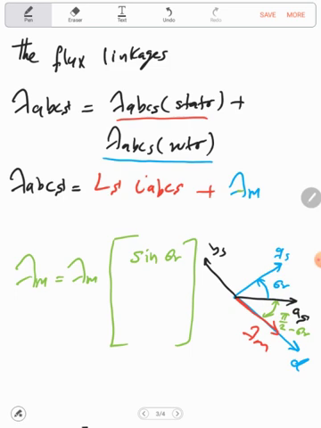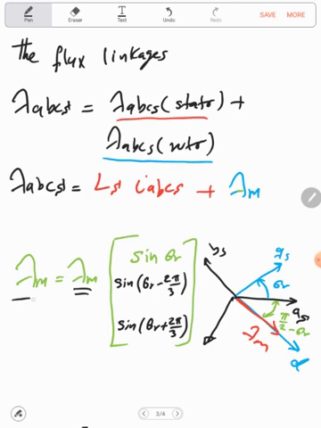So the angle here is 120 degrees plus pi over 2 minus theta r, which will equal sine of theta r minus 2 pi over 3, and the projection through the CS will equal sine of theta r plus 2 pi over 3. Now this one is magnitude and this one is vector. So let's do like this.